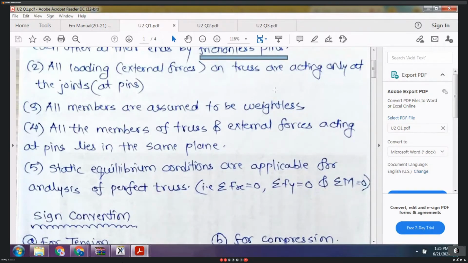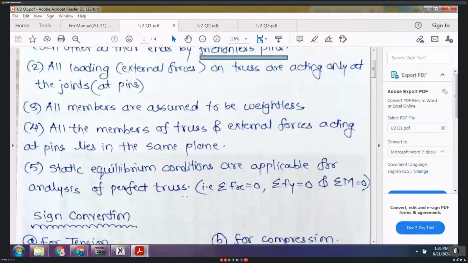Next, all the members of truss and external forces acting at pins lie in the same plane. That's why they are forming a coplanar force system. We call it a general coplanar force system. Next, static equilibrium conditions are applicable for analysis of a perfect truss.